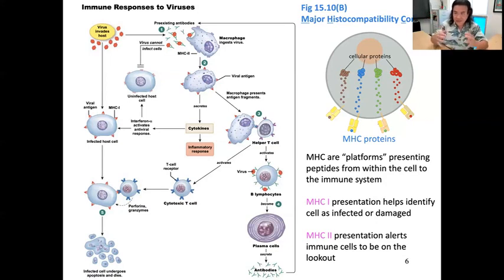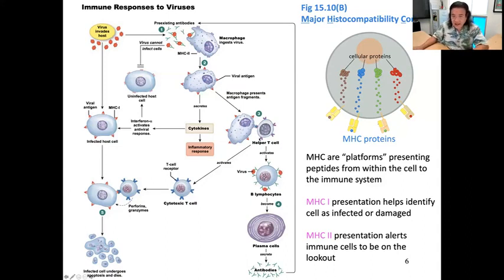What it's saying is, hey, I'm doing my job here, and this is what I'm finding, right? This is what I'm encountering when I'm eating this virus. So it is a professional antigen presenting cell that's presenting antigen to inform or pass the message on to other cells. So it itself doesn't want to be a target of being told to undergo apoptosis, right? Because that's killing the messenger, right?